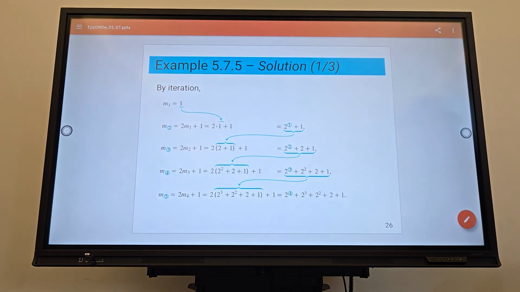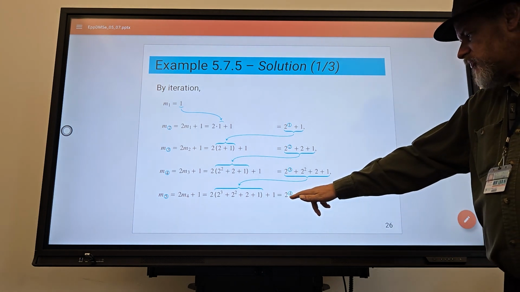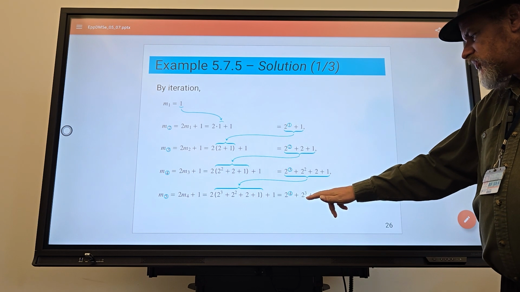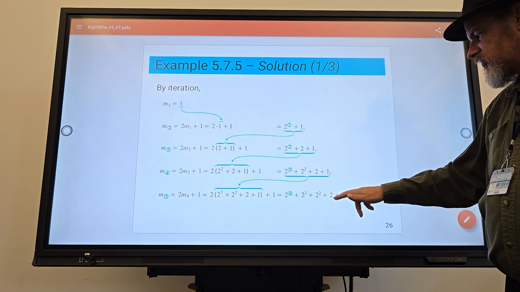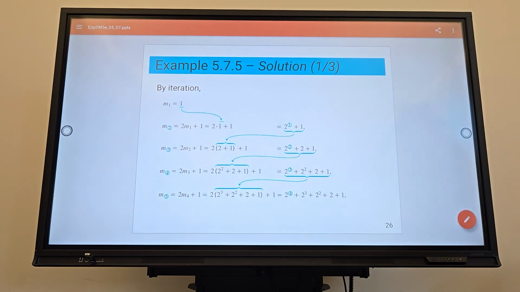So for m sub 5 you get 2 to the 4th plus 2 to the 3rd plus 2 to the 2nd plus 2 to the 1st plus 2 to the 0th.